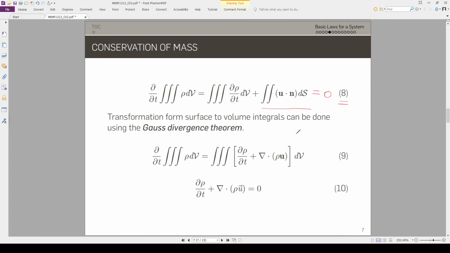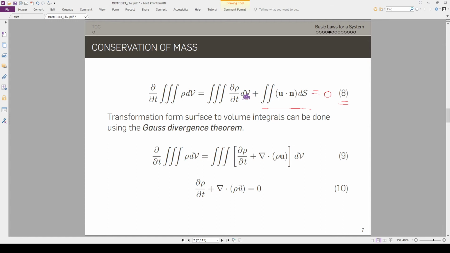The purpose of this slide is to show you that one conservation of mass equation can be represented in many ways. From equation number 8, we have two expressions.